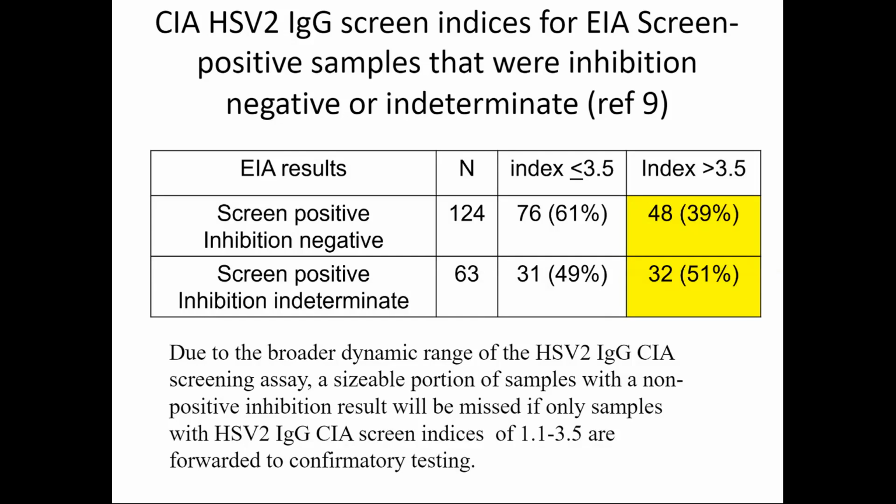Interesting, in the samples that were screen positive but inhibition indeterminate, the value was about the same, 51%. It was exactly the same. So due to the broader dynamic range of the HSV-2 IgG CIA screening assay, a sizable proportion of samples with a non-positive inhibition result will be missed if only samples with screen indexes of 1.1 to 3.5 are forwarded for confirmatory testing.